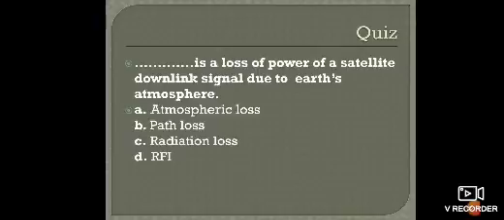So what are the types of the loss? That means dash is a loss of power of a satellite downlink signal due to Earth's atmosphere. So what are the options? It is an atmospheric loss, or a path loss, or a radiation loss, or an RFI loss. Okay, so what is that type? So please note this question.